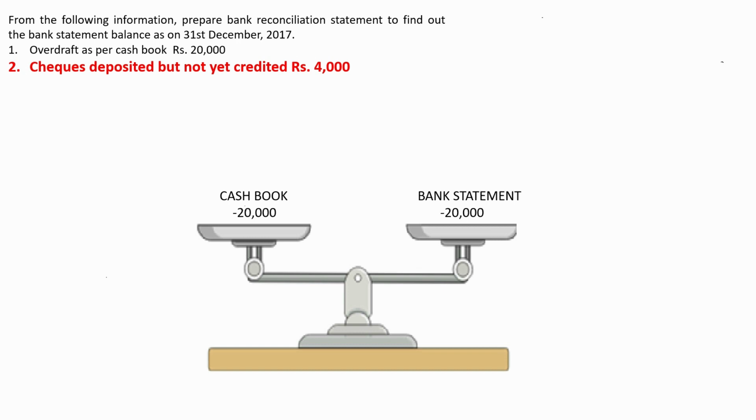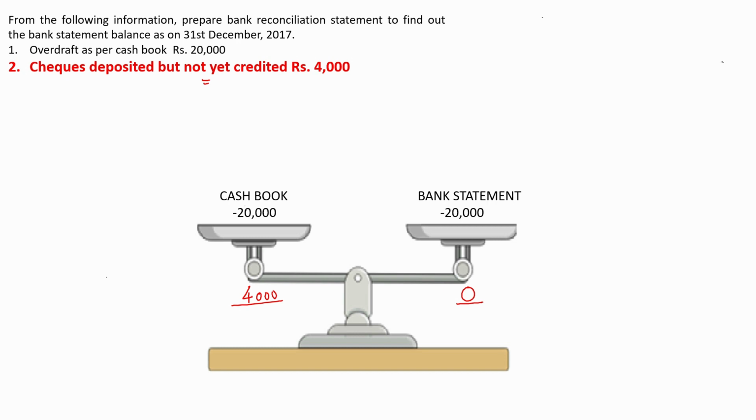As soon as we deposit a check, it is recorded as a deposit in the cash book, but it is not yet credited. That means it is not treated as a deposit in the bank statement. In the cash book, it is a deposit, whereas in the bank statement, it is not a deposit yet.